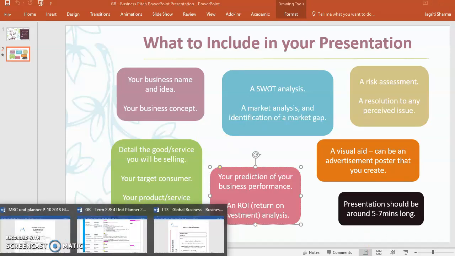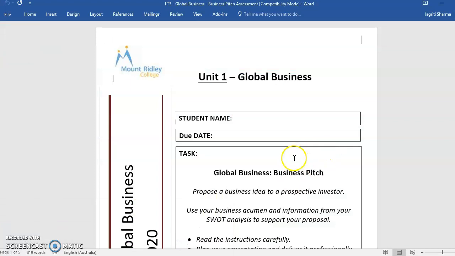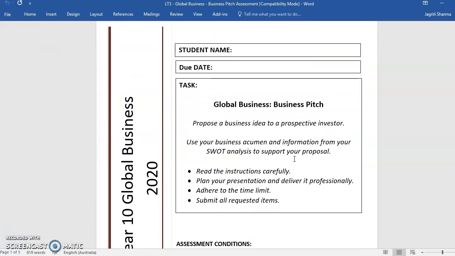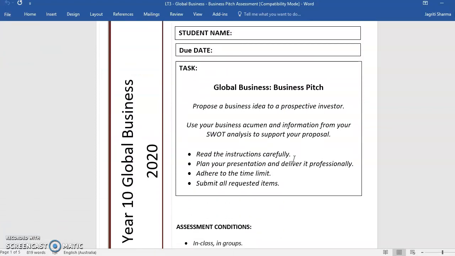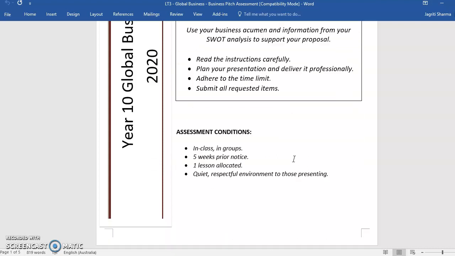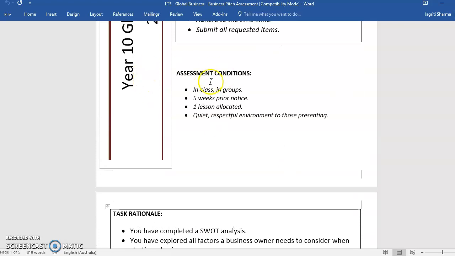The other thing that I want to show you is your SAC. I'm going to email it to you, and I'm going to add it to our files folder. It says assessment conditions: in class, in groups. So this is going to be an individual assessment now.